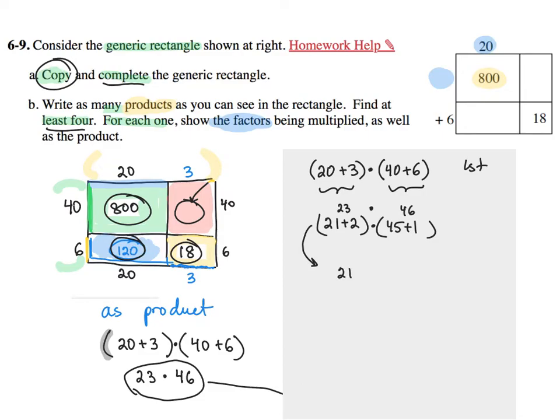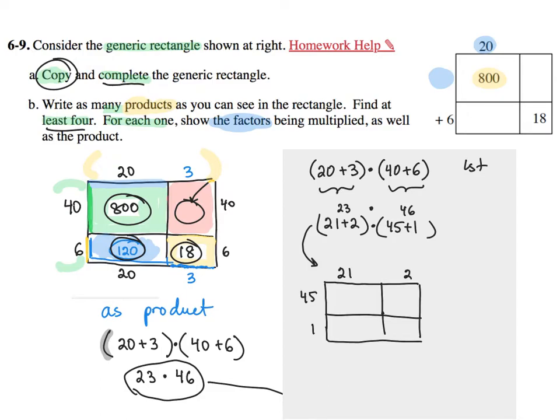So 21 and a 2, and on the outside 45 times 1. Now it's definitely easier if we had a 0, but they did say try at least 4 ways, so that's just an idea. Let me erase that extra space.